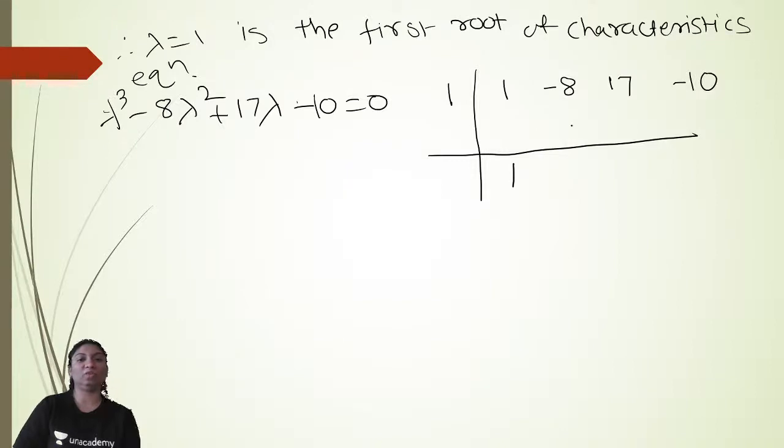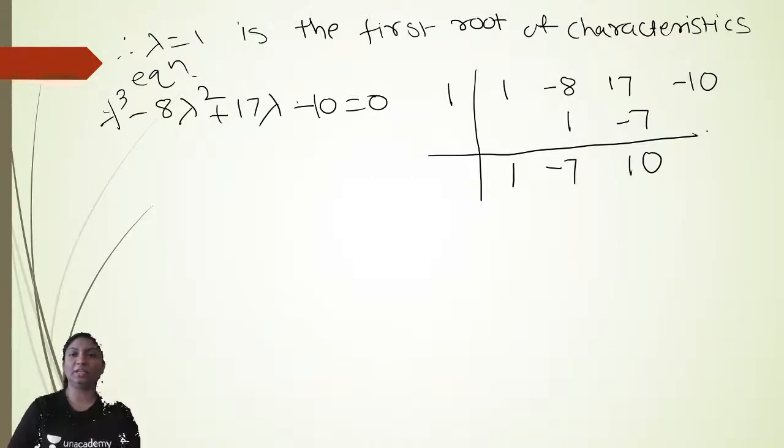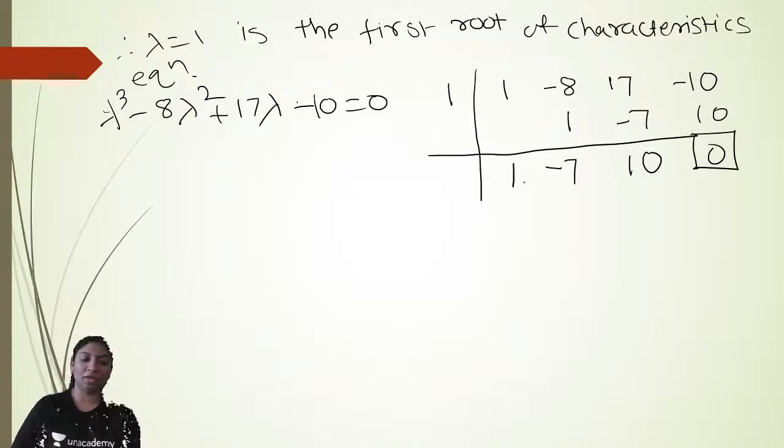So 1 into 1 here is 1. You know the synthetic division, how to calculate the roots by using synthetic division. So minus 8 plus 1 is minus 7. Minus 7 into 1 is minus 7. So 17 minus 7 is 10. So 10 into 1 is 10. So again here is 0. Okay. So minus 10 plus 10 is equal to 0.